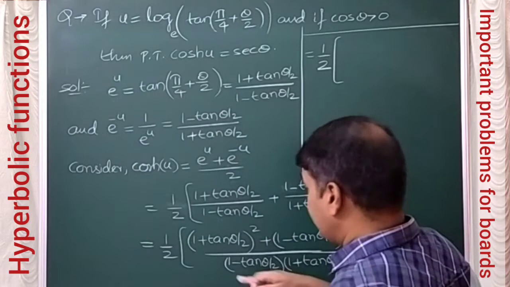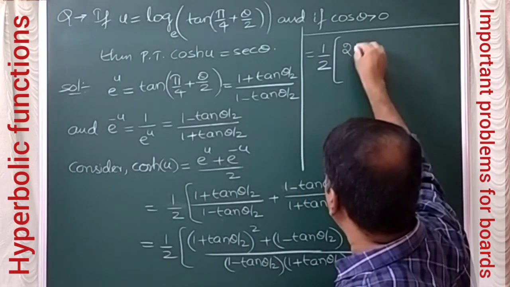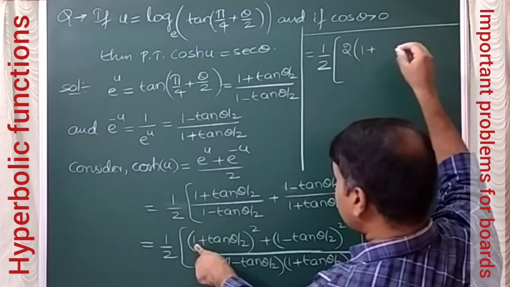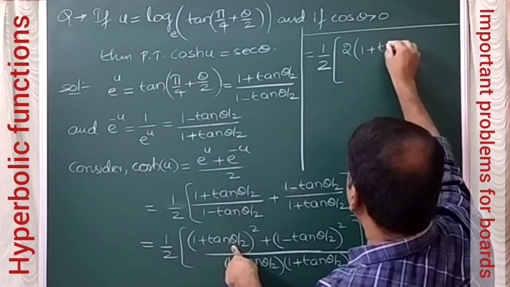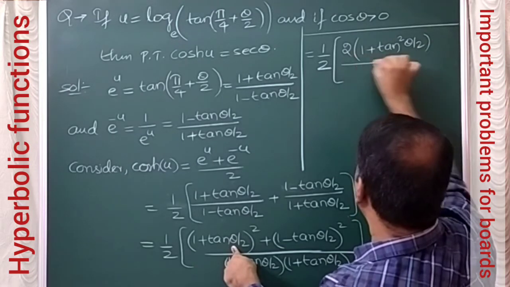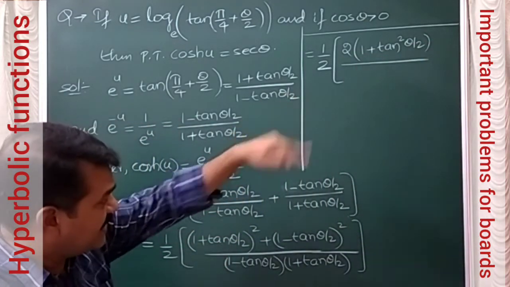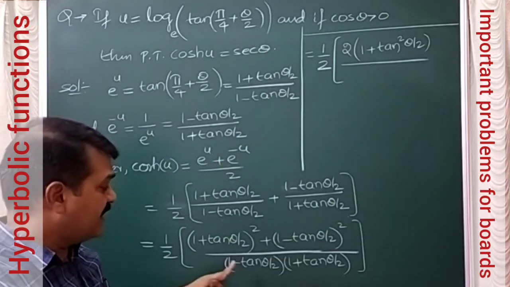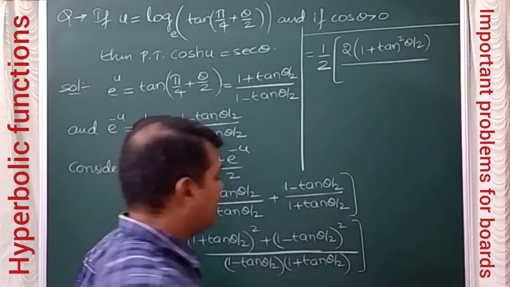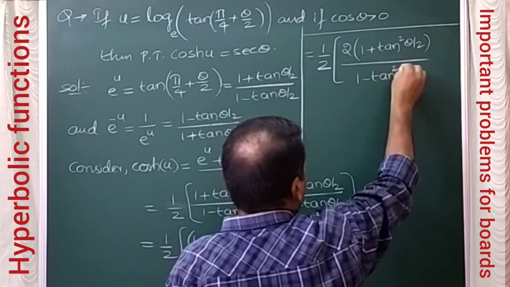So I can write this as 2 times 1 square plus tan square theta by 2. In the denominator, clearly a minus b into a plus b form, so the denominator is a square minus b square.